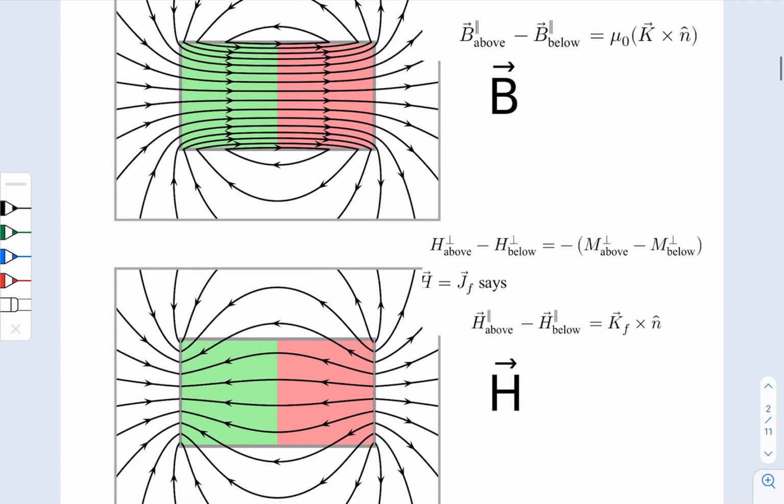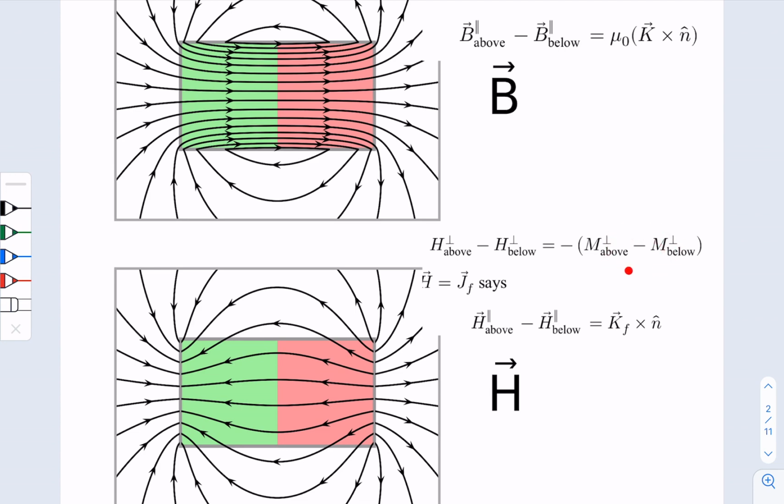Now we have two different kinds of edges. One is the edge over here. Along this edge, the magnetization vector is parallel to the edge. In that case, this quantity should be 0, right?